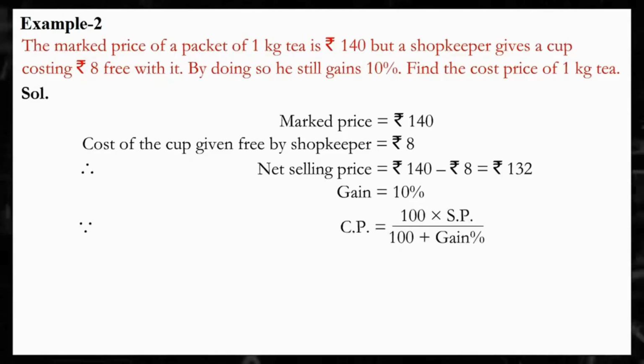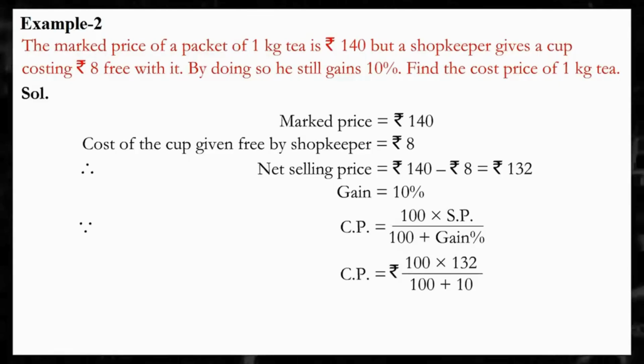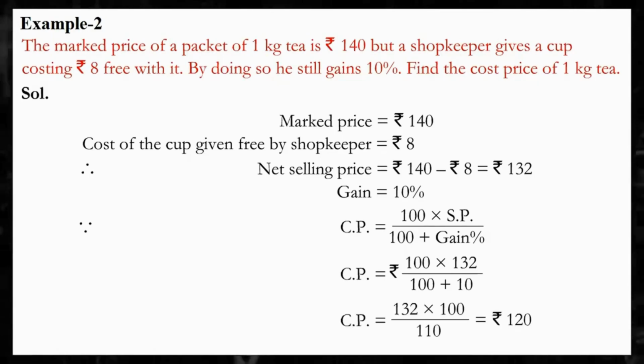Since CP is equal to 100 into SP upon 100 plus gain percent, so CP is equal to Rs 100 into 132 upon 100 plus 10 is equal to 132 into 100 upon 110 is equal to Rs 120.